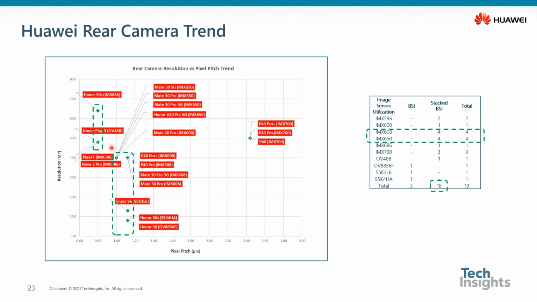And for the lower resolution cameras, they still maintain the 40 megapixel sensors from Sony, IMX608, as well as the IMX586, and they also utilize OmniVision's OV8856 here at the 8 megapixel range.